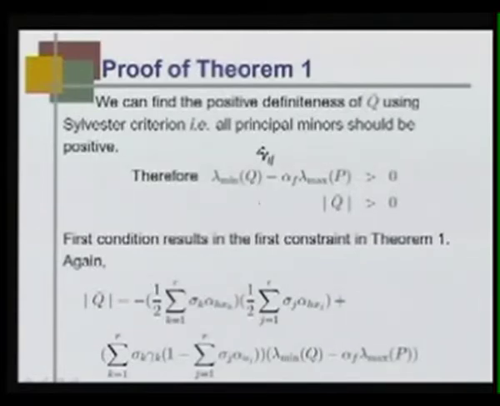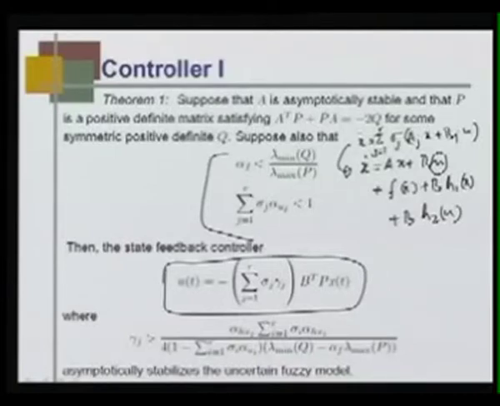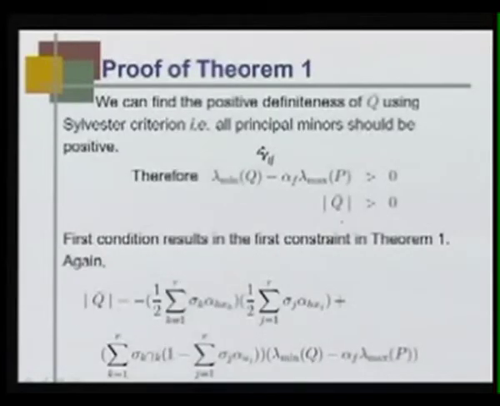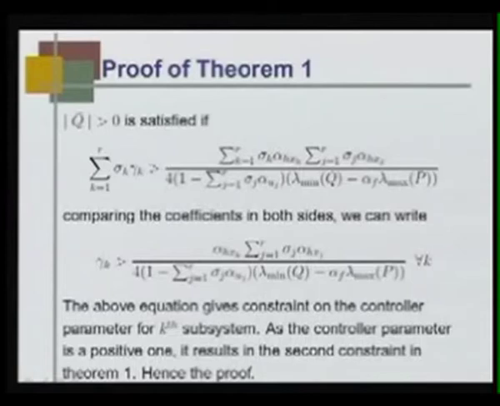So, this quantity gives you, if you go back to theorem 1, this identity. By equating this identity, the determinant of Q bar has to be greater than 0. Then by doing some manipulation, this is the Q bar quantity, and it is satisfied if this quantity is greater than this.